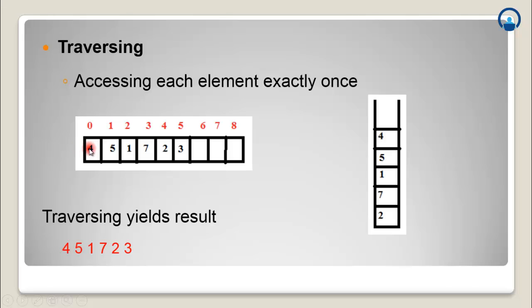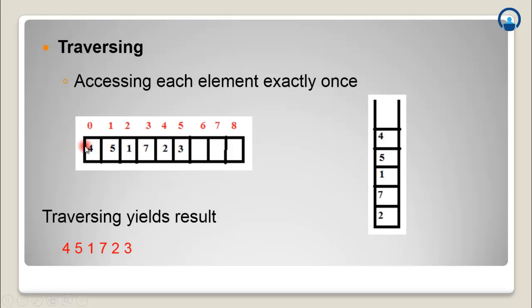Here I am storing 4, 5, 1, 7, 2, 3. All these are integer values. If we are storing integer values, then we can store only integer values. I can't store a character like A, B, C, D, or any symbol like hash or percentage, or a floating point number like 10.1 or 7.5. So array will store only homogeneous data, that is, only integer values.